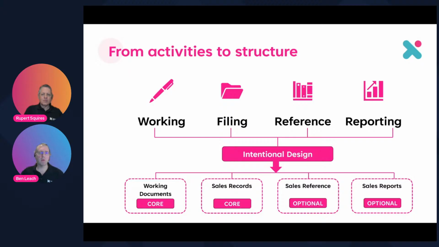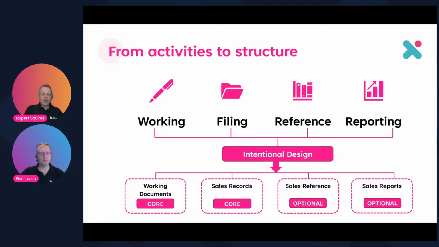The working documents and the filing we highlight as really core, and that aligns to the collaboration and filing scenarios from some of our other webinars that we've done. The reference and the reporting is optional. It's an extra step, but it can add quite a lot of value. So it is optional, but we see it as being quite a useful additional capability.